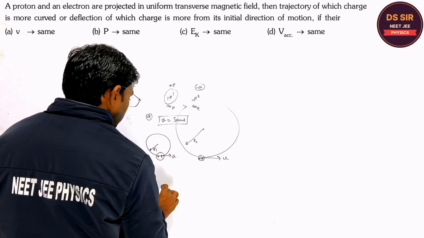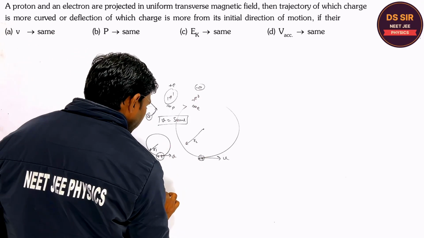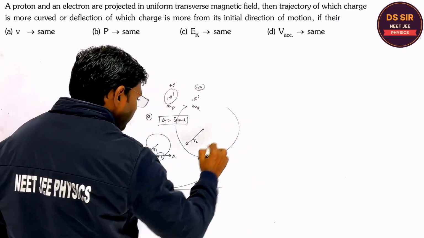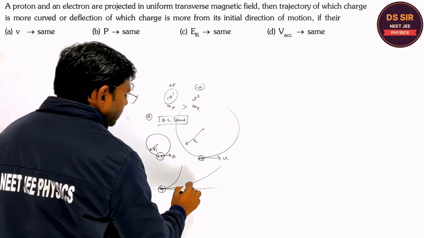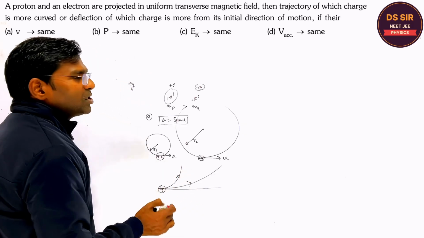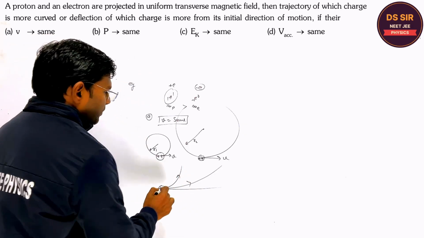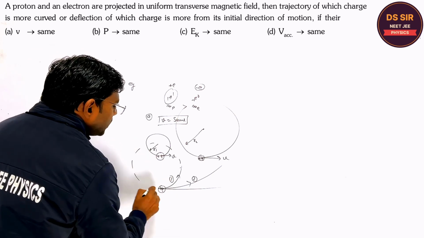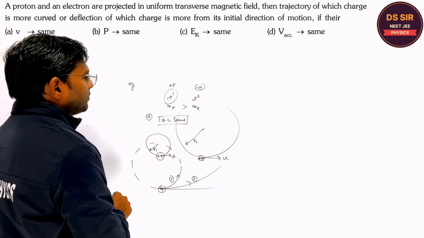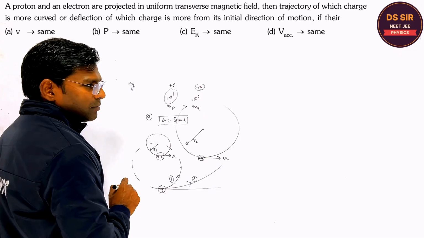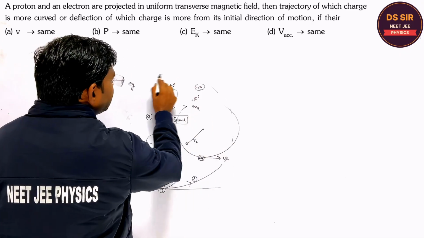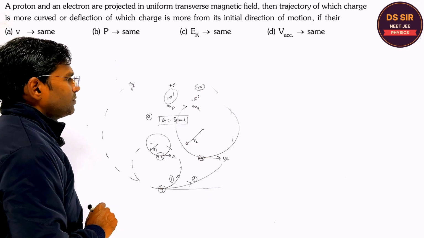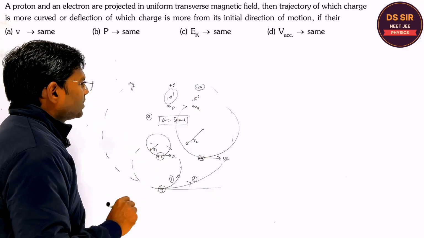How? Deviation means if it is going in the same straight line, suppose this is one particle and this is another particle. So whose deviation is more? The first. Therefore its radius of curvature will be small. And less deviation means the radius of curvature is large. Right? This is the first thing.